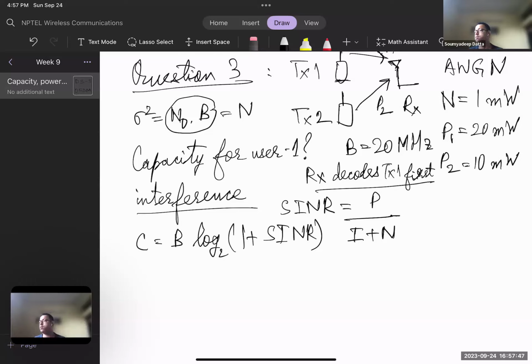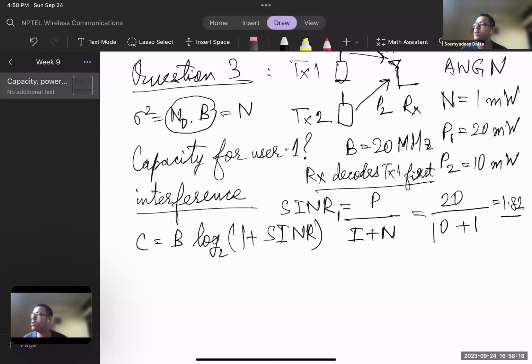For user 1, the transmit power is 20 milliwatt, the noise power is 1 milliwatt, and the user 2 signal is interference, which is 10 milliwatt. So 20 by 11, the answer is how much? I'll quickly calculate. It is 1.82.